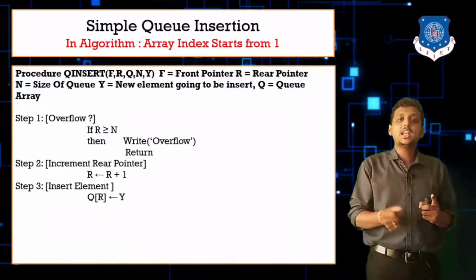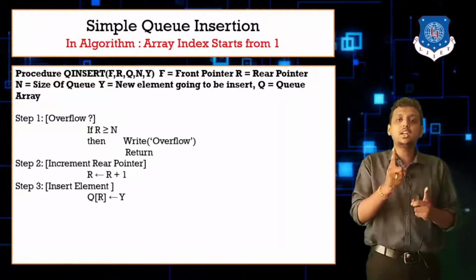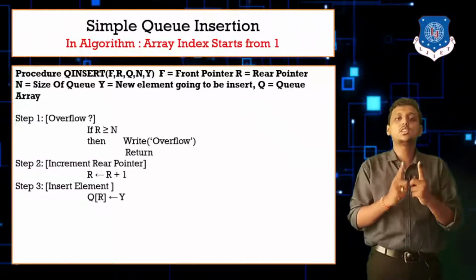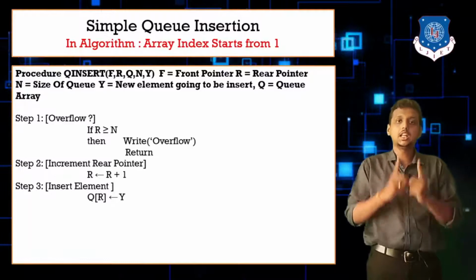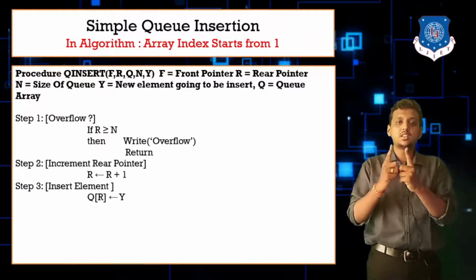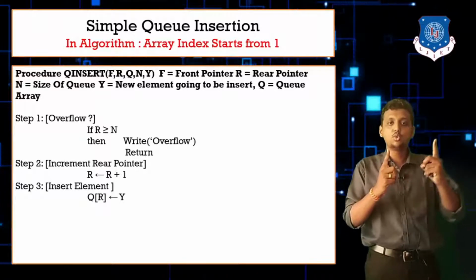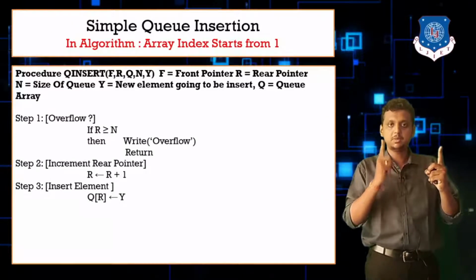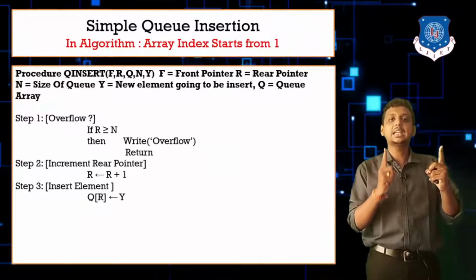So whenever your queue is empty, both front and rear point to position 0. Fine, clear. Now, if I insert something, my rear pointer moves towards the 1 position. Fine, but f is still at 0.